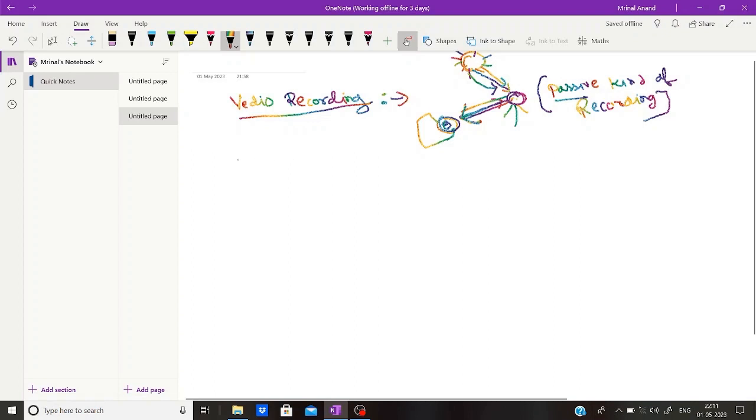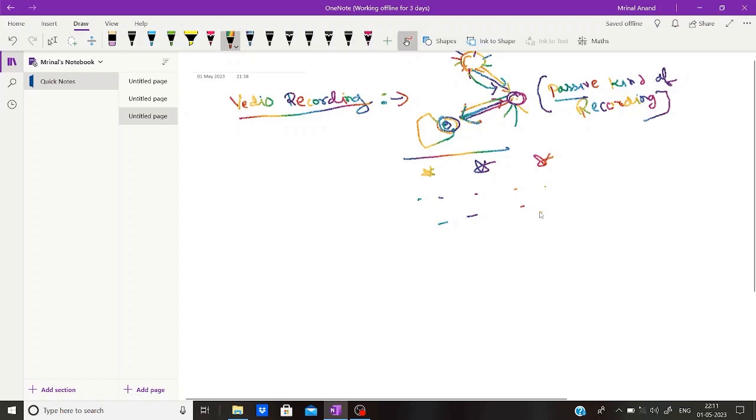Let us consider one more example. Suppose this is night time, so there is no source of illumination.